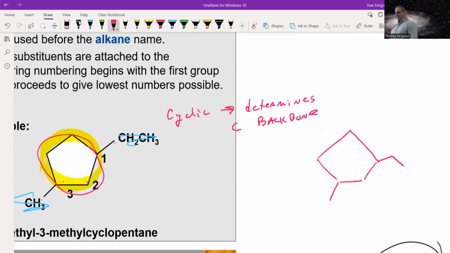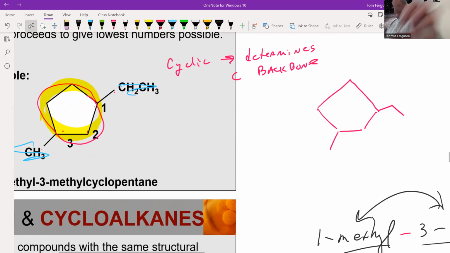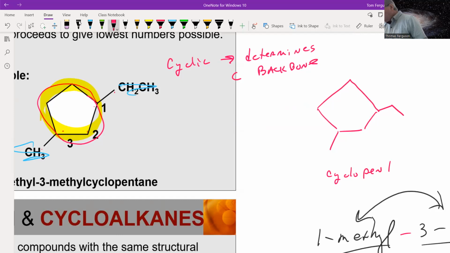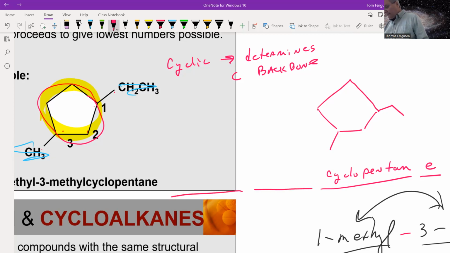That's what that looks like. So 3 parts again. So we're going to have cyclopenta. Functional group is E for ane, and we have 2 branches. We have an ethyl group.